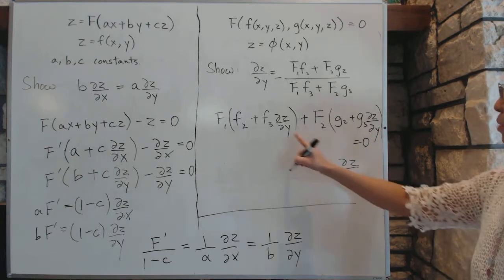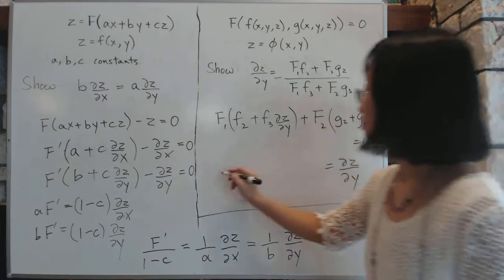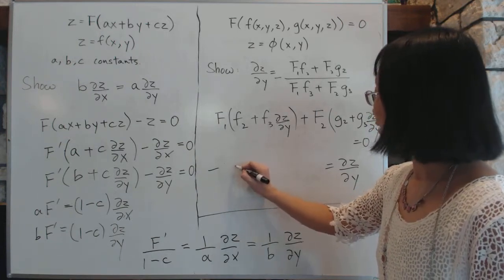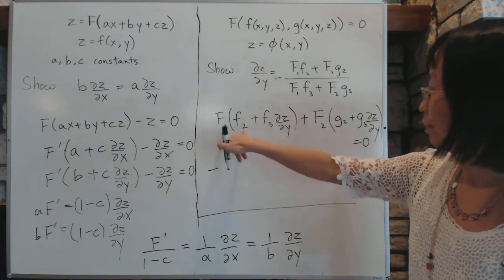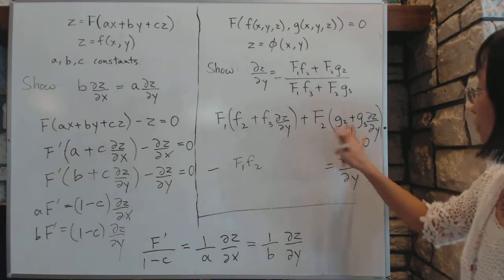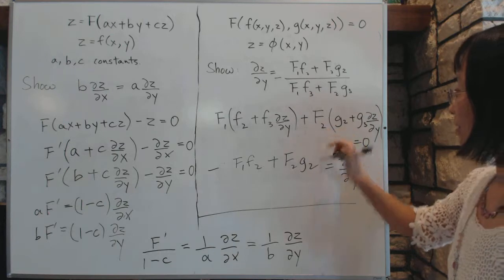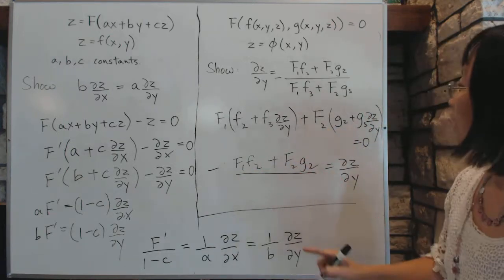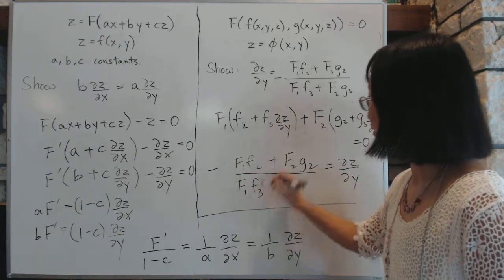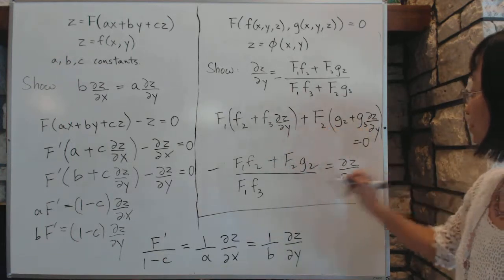What would happen if we solve for partial c partial y out of this whole thing? Well, we will put a negative sign on top for everything. And then we have the values that don't have it: we have F1 times f2, that one right there, F2 and g2, that's that one over here, divided by F1 f3, that's the first one in front of partial c partial y, and the second one in front of it is F2 g3.